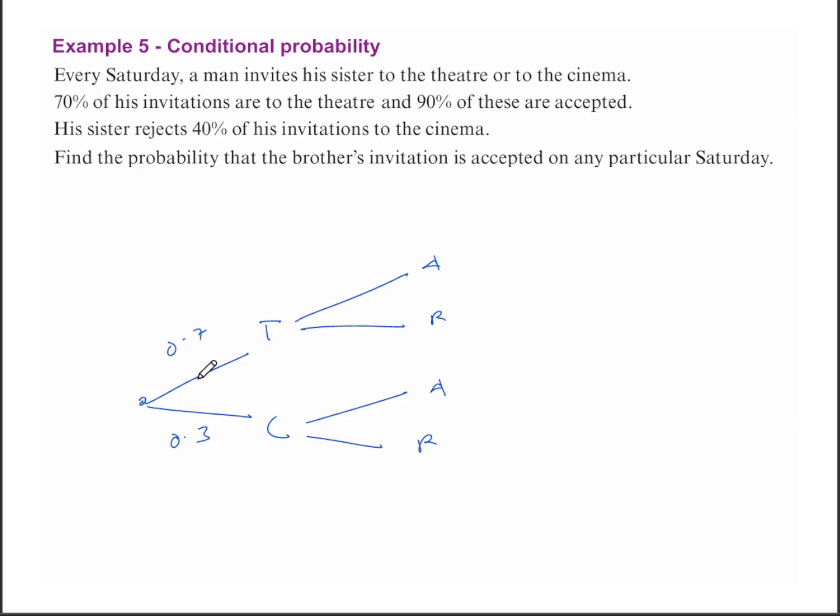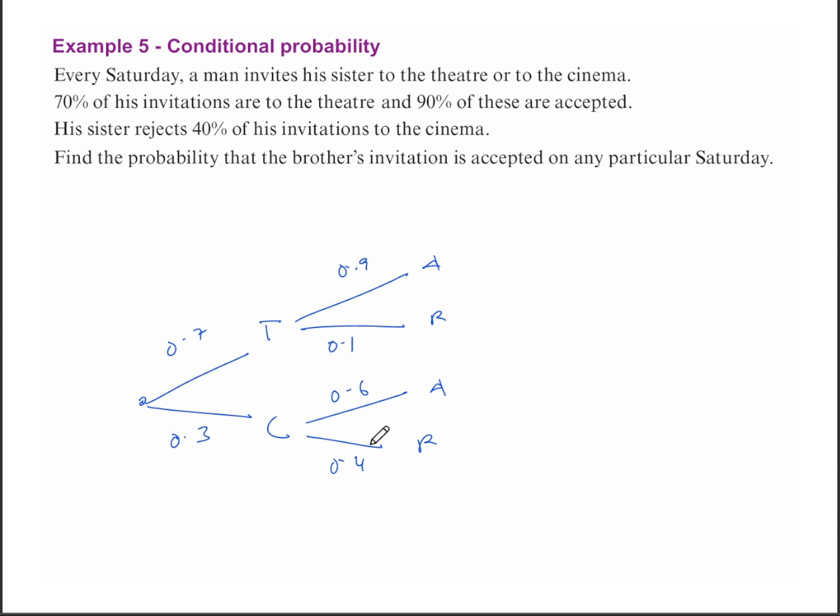Then the probability that the theater invitation gets accepted is 0.9, and rejected is going to be the complement of that, so 0.1. The probability that the cinema invitation gets rejected is 0.4, and the complement of that, it being accepted, is 0.6.